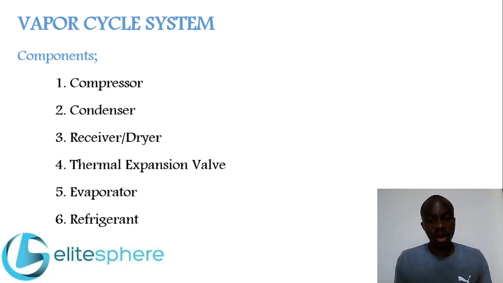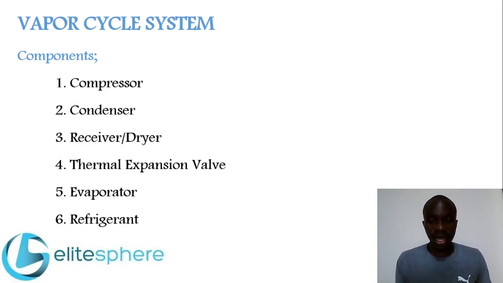From the thermal expansion valve, we go through the evaporator. One more function of the thermal expansion valve is that it regulates the amount of liquid that goes to the evaporator. So low pressure liquid comes from the thermal expansion valve and goes to the evaporator.